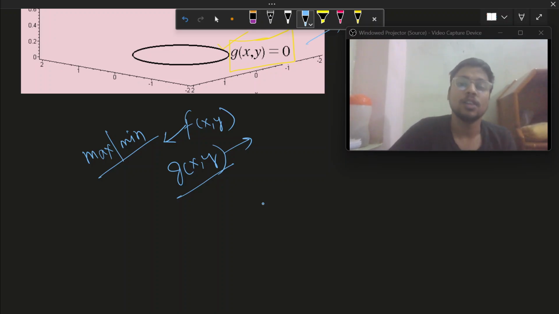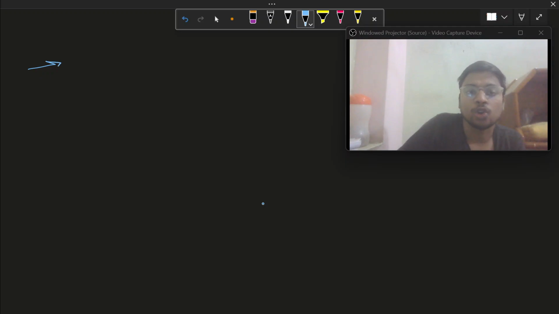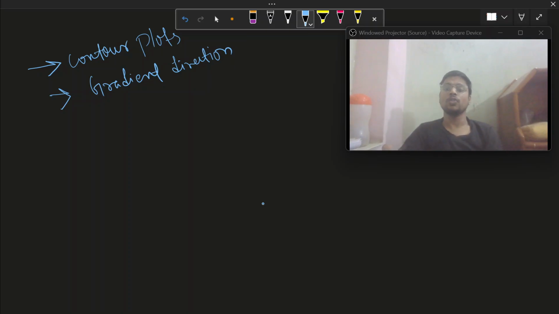Let me start from the basics. You have to know first contour plots, and second the gradient direction. Then you will be able to understand.